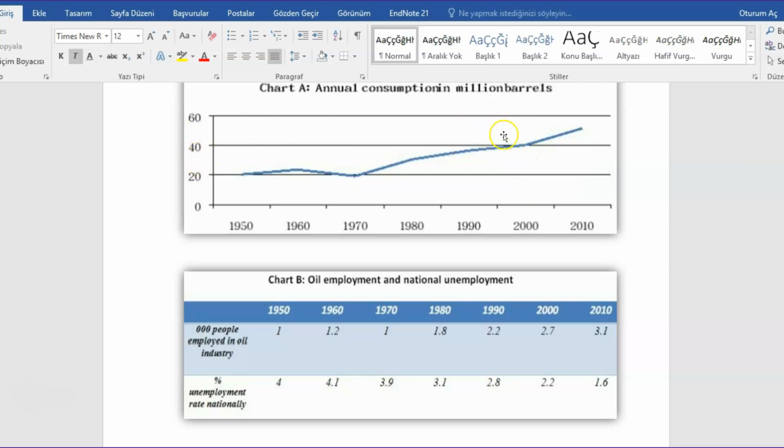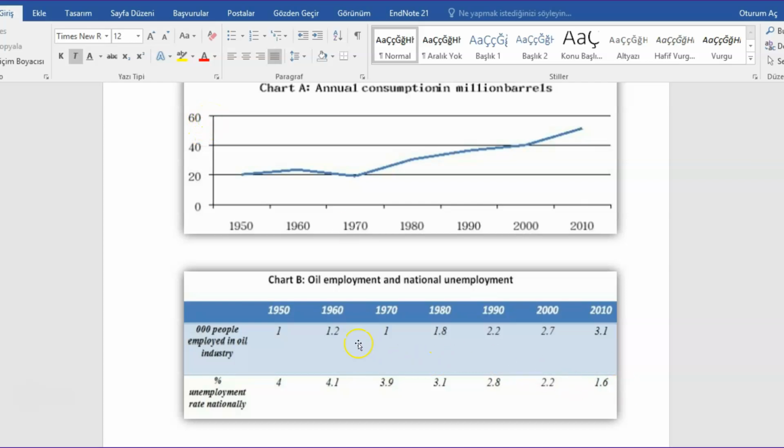Till 40 million barrels with consistent growth, and then with a rapid growth till 2010 with near to 60 million barrels. Actually, the growth here is how many fold? Threefold. We have threefold growth here.